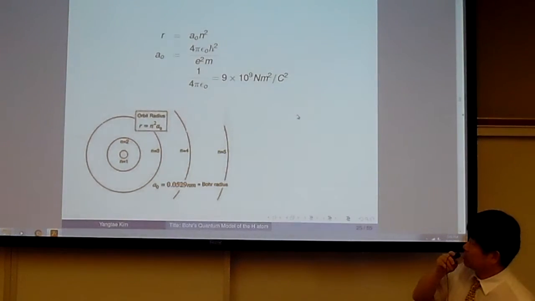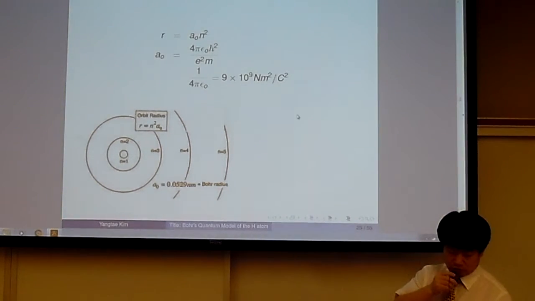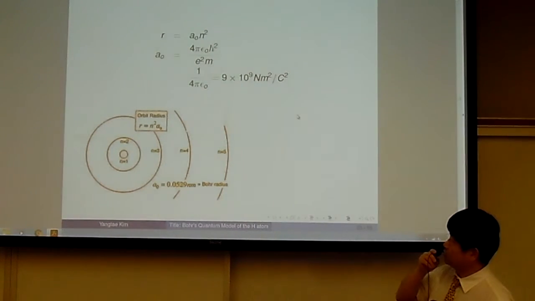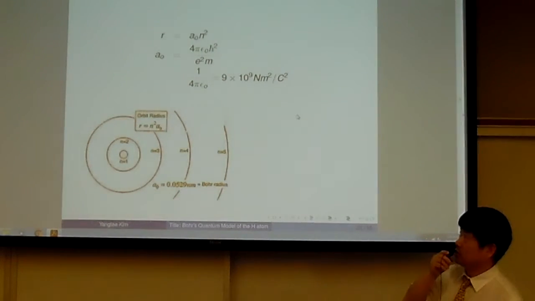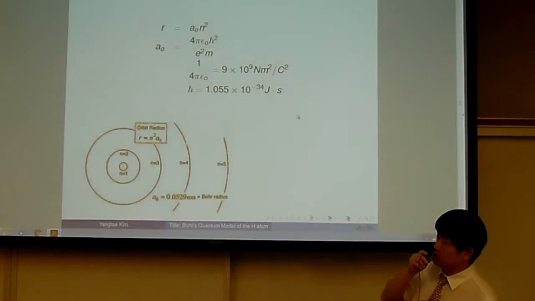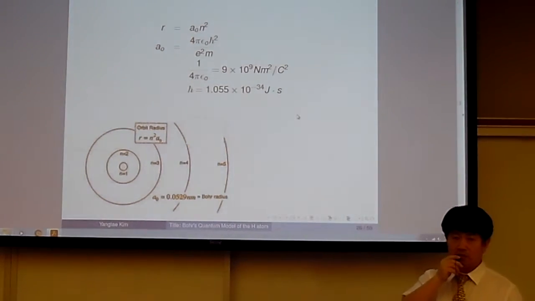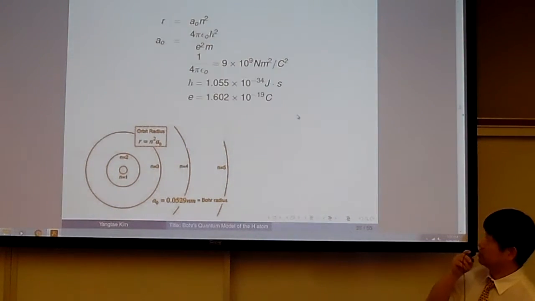Now, if you evaluate a naught, which is Bohr's radius, using these values: 1 over 4 pi epsilon naught equals 9 times 10 to the 9 newton meter squared per coulomb squared. H bar is 1.055 times 10 to the power negative 34 joule second.